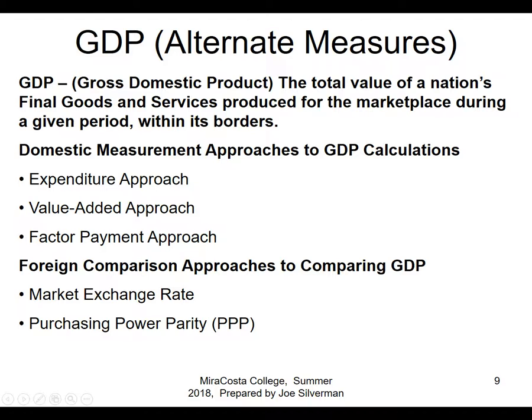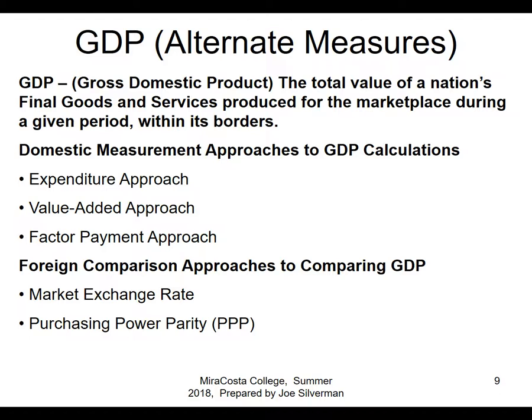So the idea behind the market exchange rate approach is, let's say we're talking about GDP in Mexico versus GDP in the United States. Well, we use dollars, so our GDP is going to be reported in dollars. Mexico uses pesos, so if we're trying to compare the U.S. economy to Mexico's economy, we've got an apples and oranges problem, right? We're using two different currencies.